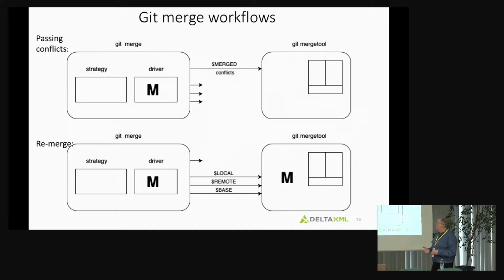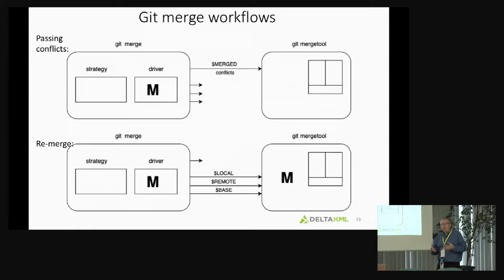Another common workflow we see is that the merge algorithm exists in the driver, but is also re-implemented in the merge tool. And I want to talk about that model a little bit more. I've tried to use the letter M to indicate where the merge algorithm happens. You can implement it in the driver, but the merge tool has access to the original input files, so it's at liberty to re-implement a merge and do it again.